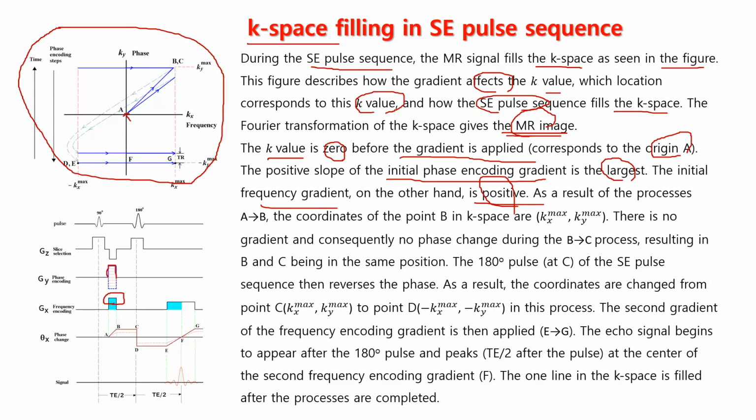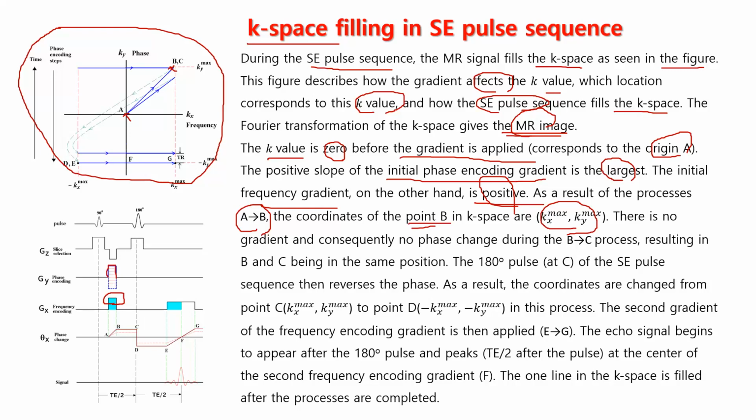As a result of the process A to B, the coordinates of the point B in the k-space are kx max and ky max at this point. The phase encoding gradient has its largest value, the largest slope.